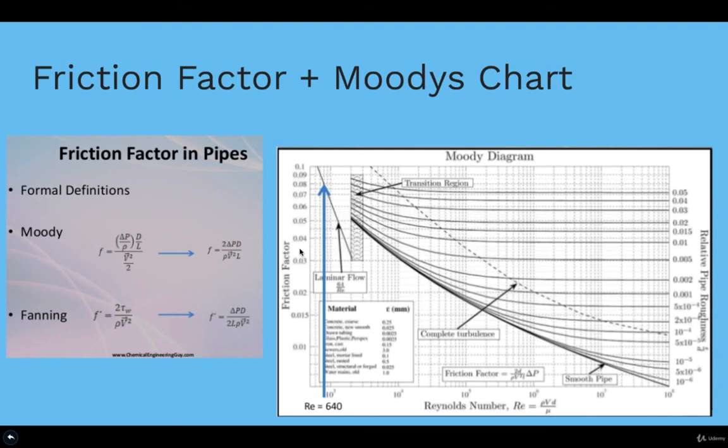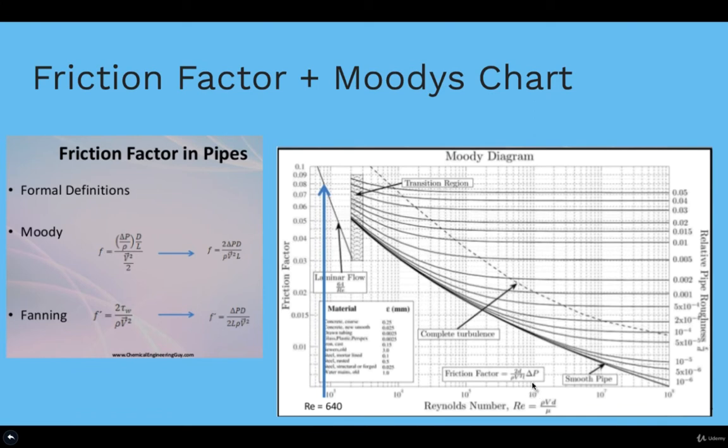And that is true, but for the friction factor, it's not. Remember that the friction factor will later be related to velocity, and as stated before, as velocity increases, we have the square of velocity. So even though the friction factor might be decreasing, the velocity is increasing by a power of 2.